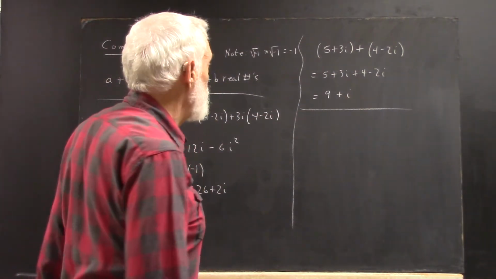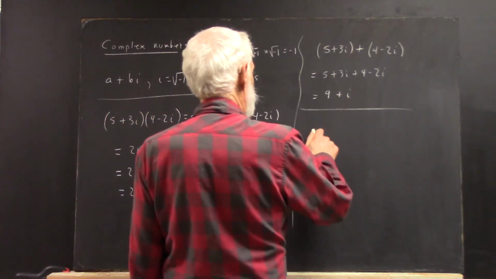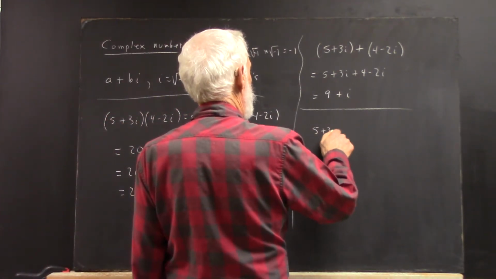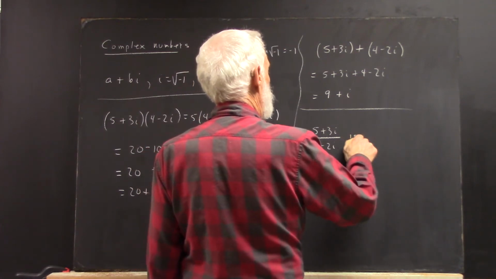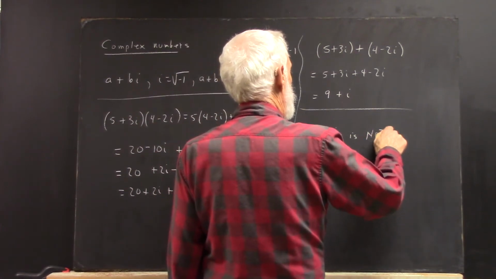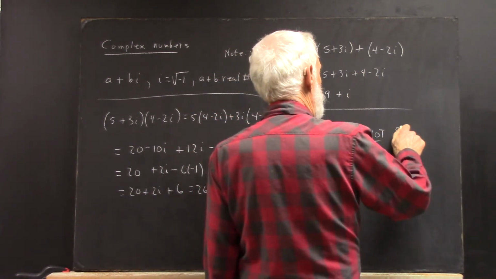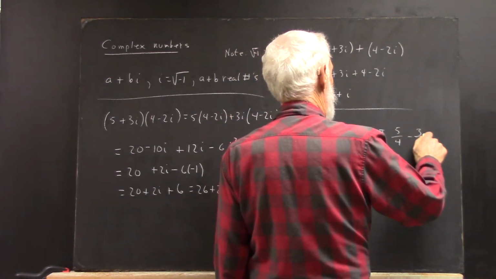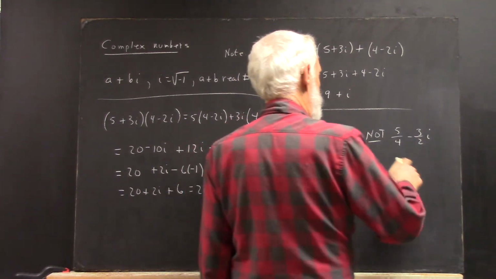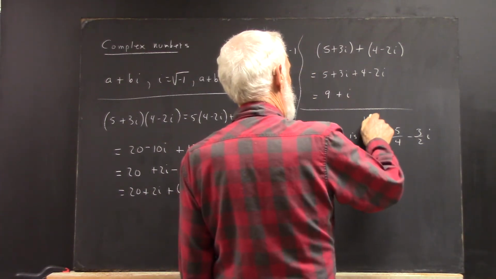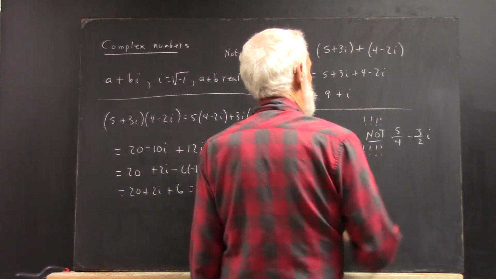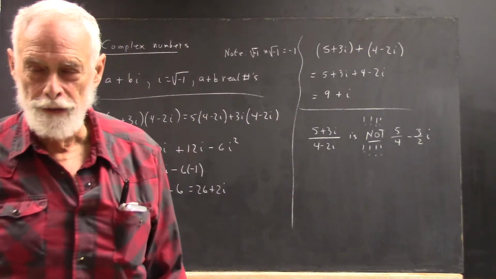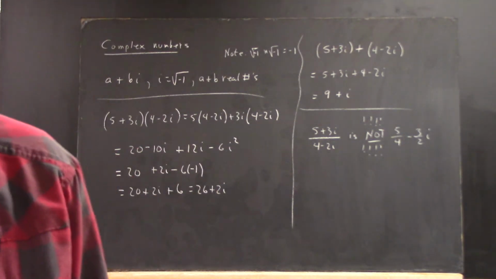Now let's say we want to divide these. I put lots of exclamation marks around the not in case you were prone to miss it.